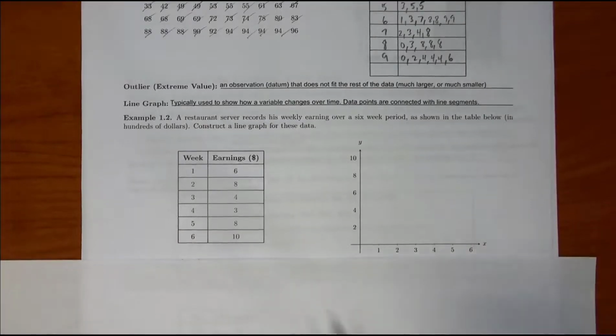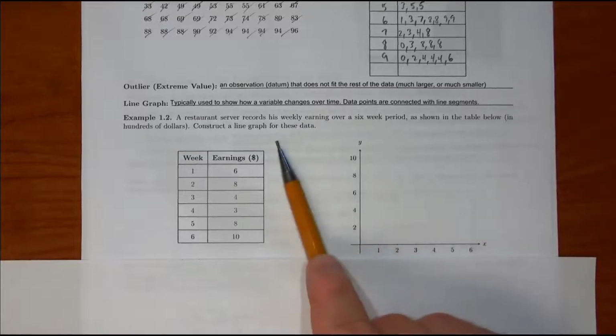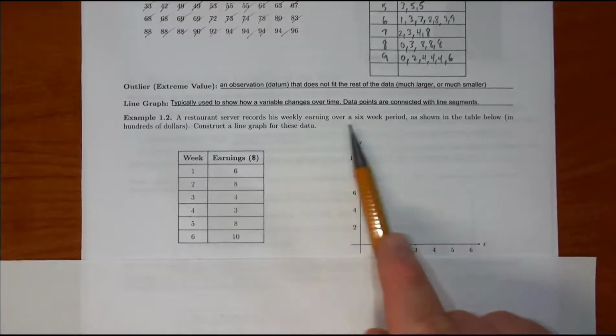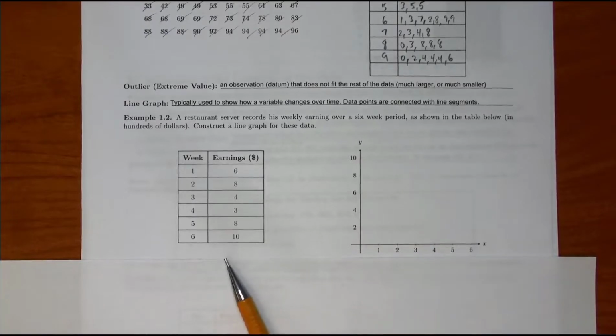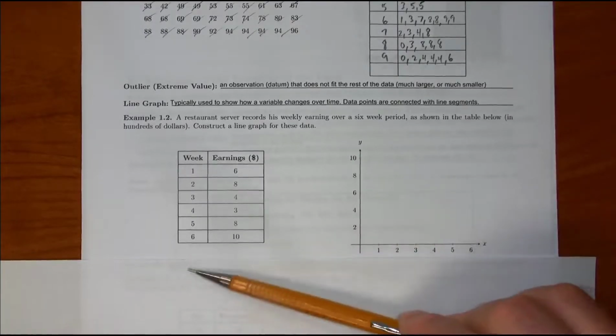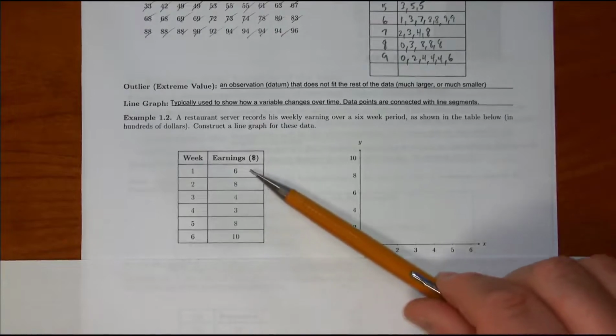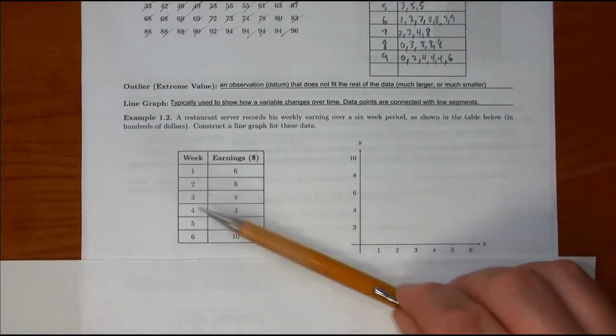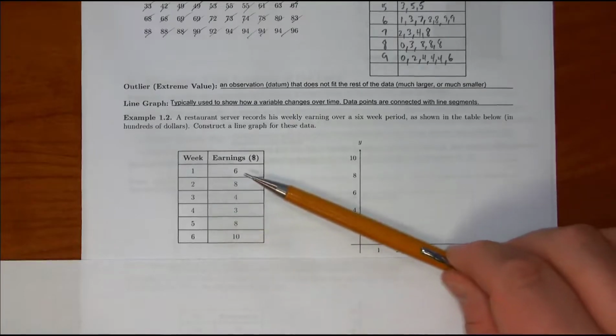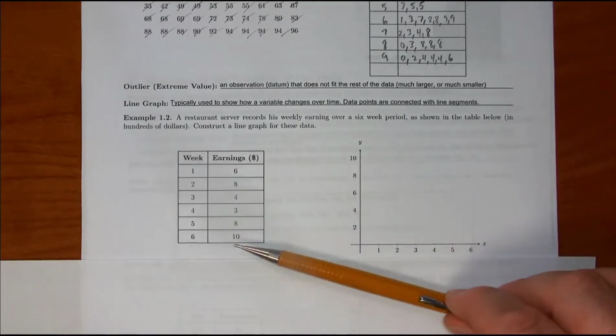All right, so notice what's happening here. We have a restaurant server who records his weekly earnings over a 6-week period, as shown in the table over here. Construct a line graph. The earnings are measured in hundreds of dollars, from week 1, 2, 3. So this is how his earnings went up or down over time.